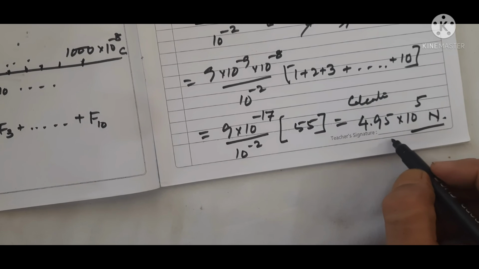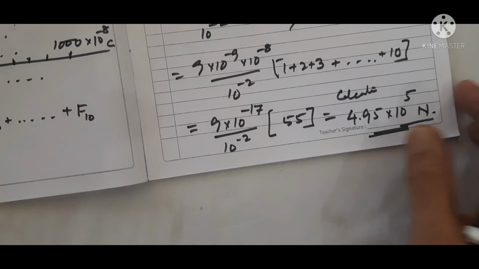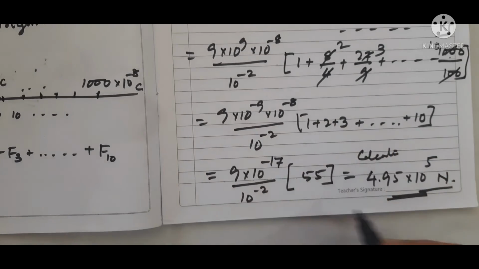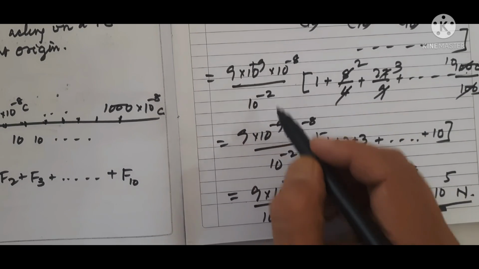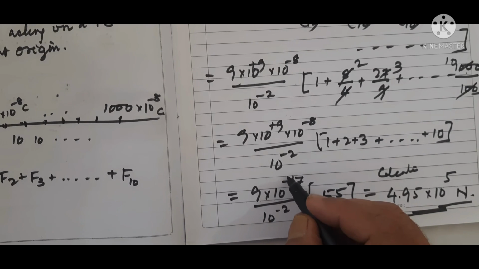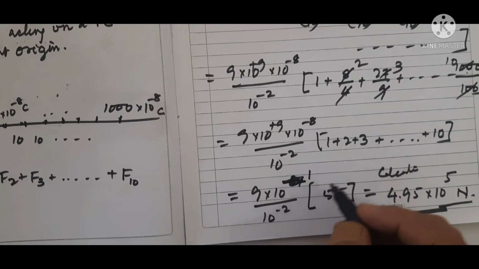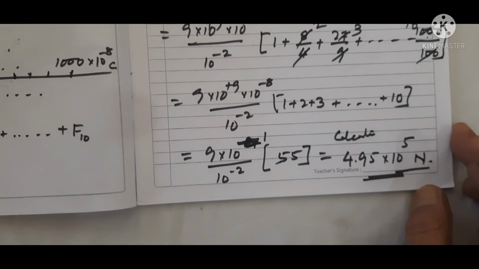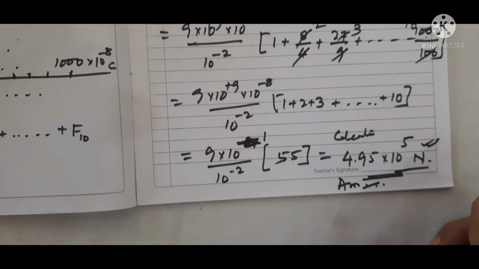Here there is 9 plus 9 plus 9, and this will be 10 to the power 1. So the calculation is like that, and after calculation you will get 4.95 into 10 to the power 5 Newton. That should be your answer.